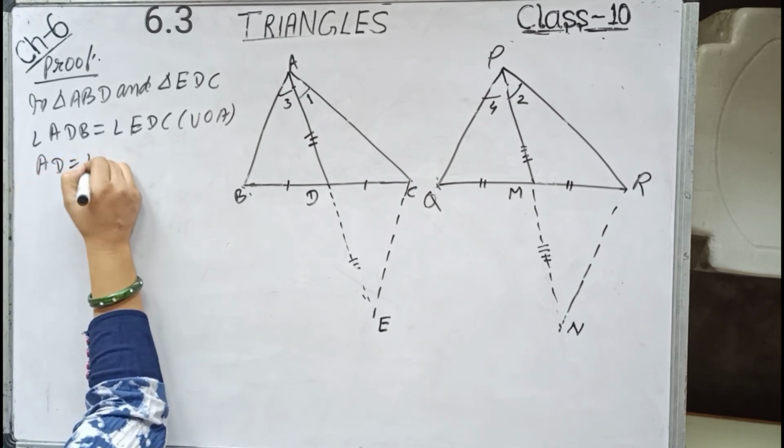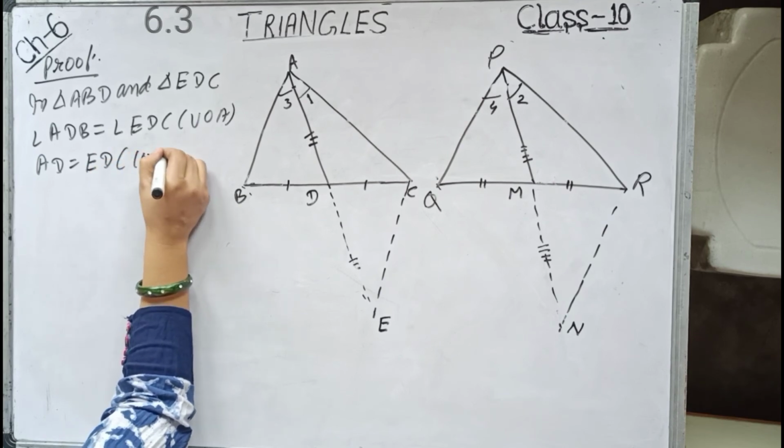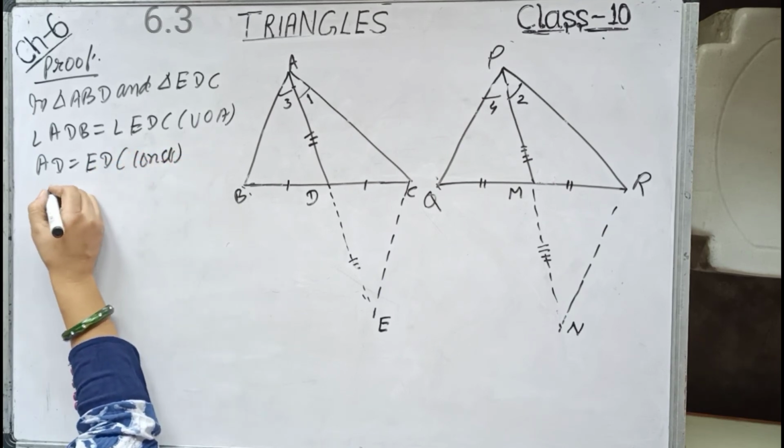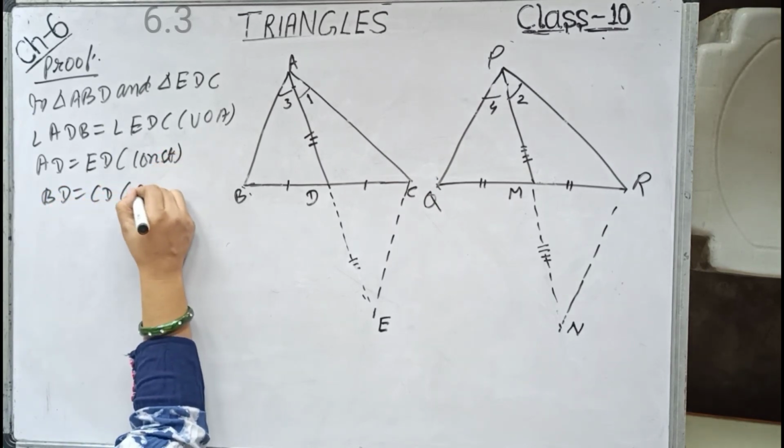AD equals ED by construction, and BD equals CD, given.